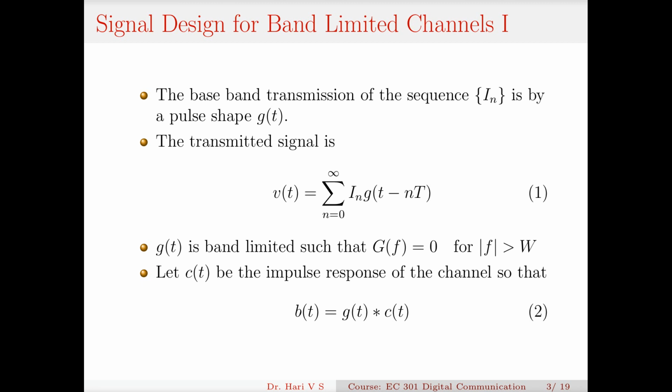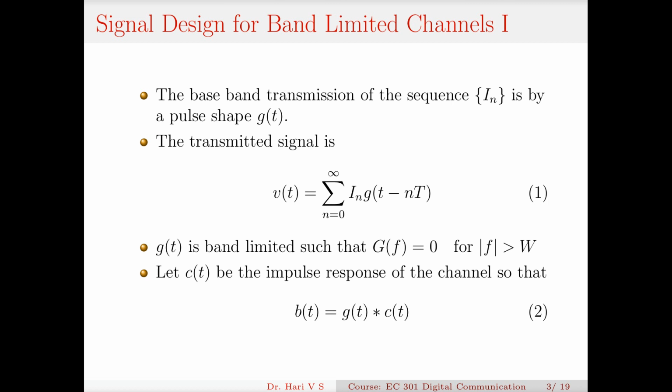Now when you look at the signal design for band limited channels, baseband transmission of the sequence I_n, suppose you want to transmit bits or maybe digital signals, no practical channel can easily respond to these signals. So what you do is you embed or superimpose it on a pulse shape g(t). Intuitively the rectangular pulse comes to your mind, but a rectangular signal is a very impractical signal.